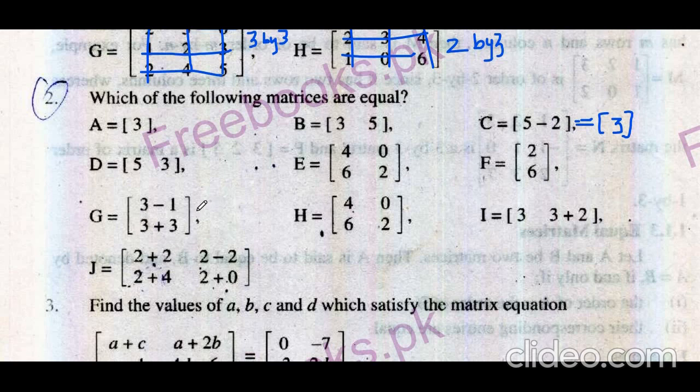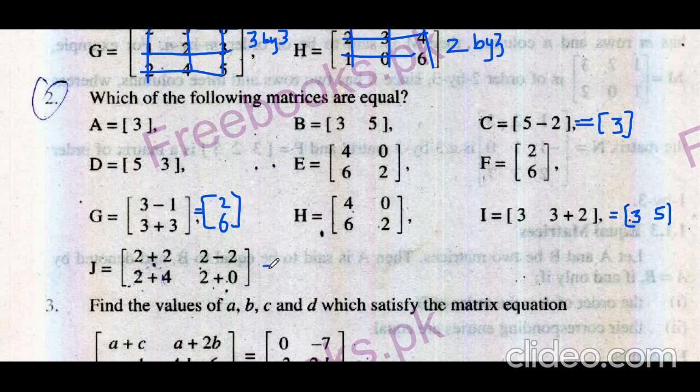Entries of matrix G are 3 minus 1, 2, and 3 plus 3, 6. Entries of matrix H are 4, 0, 6, 2. Entries of matrix I are 3, 3 plus 2, 5.